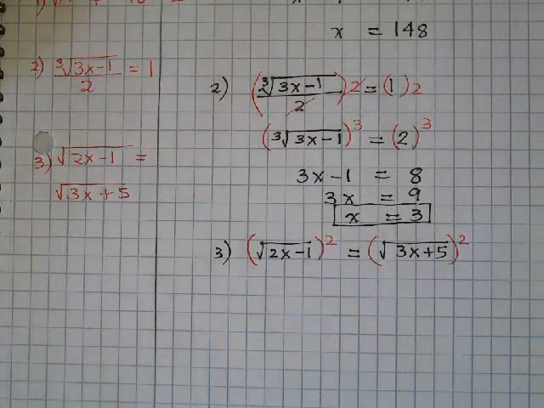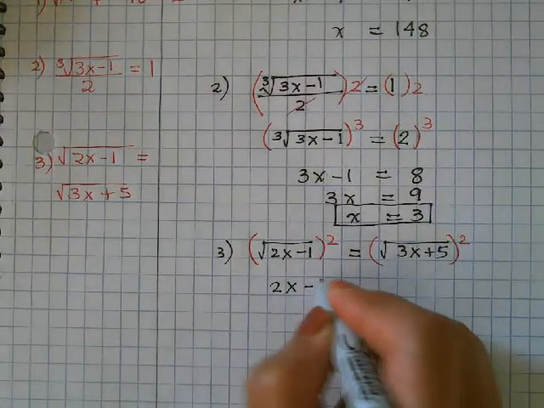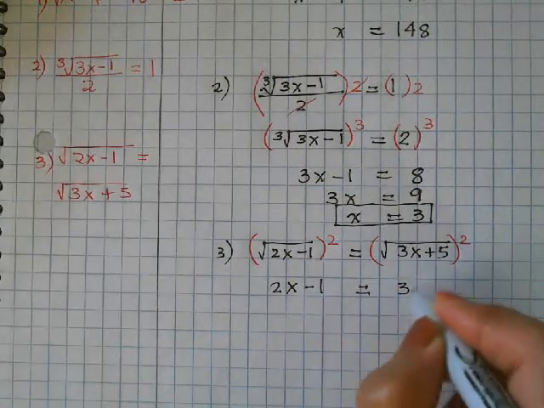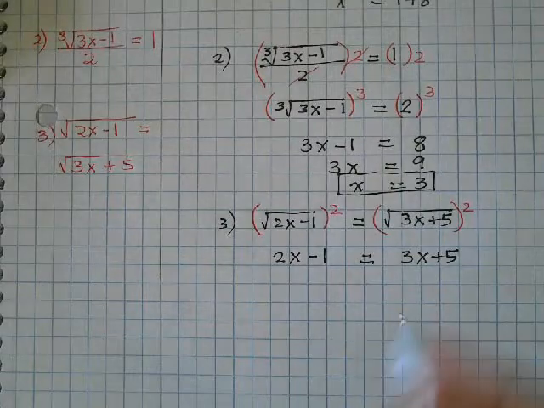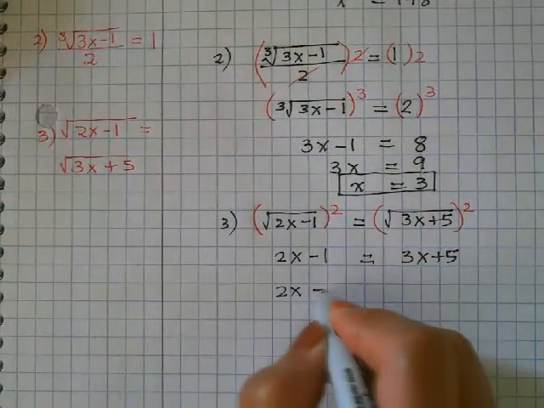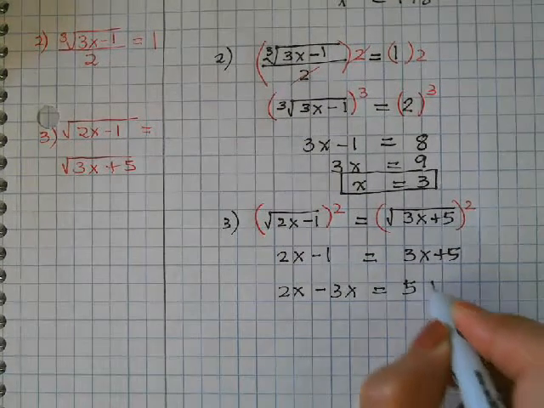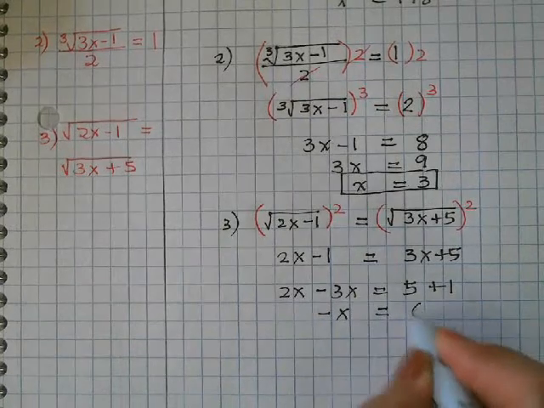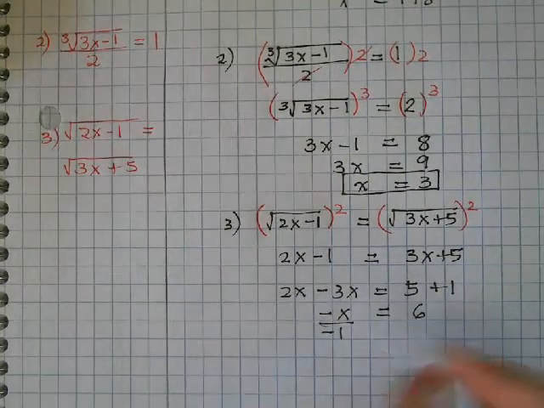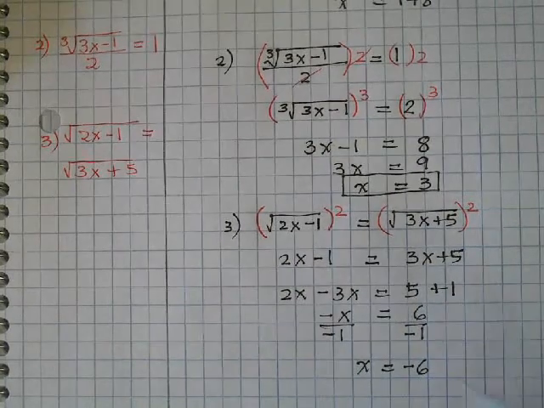That removes the square root, so you are left with the radicand here equal to the radicand there. Again, that is now linear, so you just solve that. 2x minus 3x is equal to 5 plus 1, so negative x equals 6. Divide by negative 1 on both sides. x is equal to negative 6.